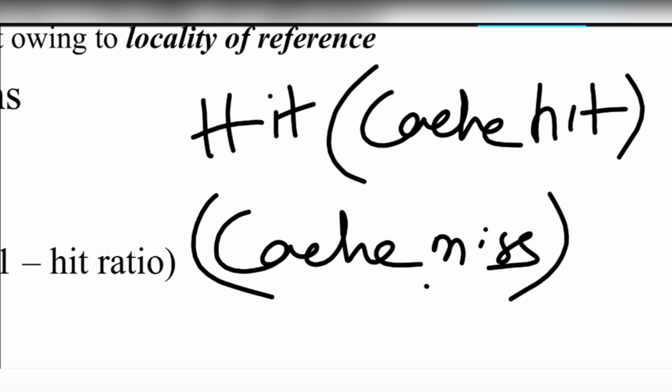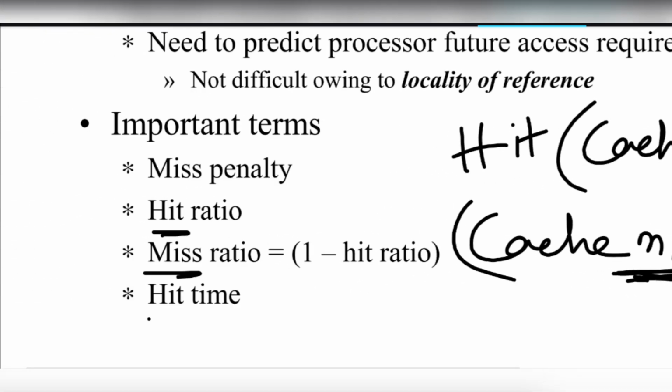What do we mean by hit and miss? If the CPU finds the data inside the cache memory, then it's surely a cache hit. If the data is not inside the cache, then it's a cache miss. If the CPU requests data or an instruction and it is not inside the cache, then it's a cache miss.